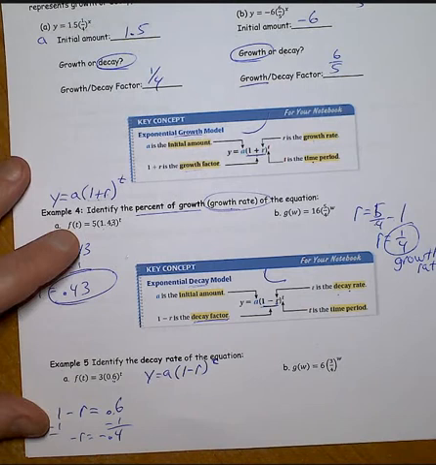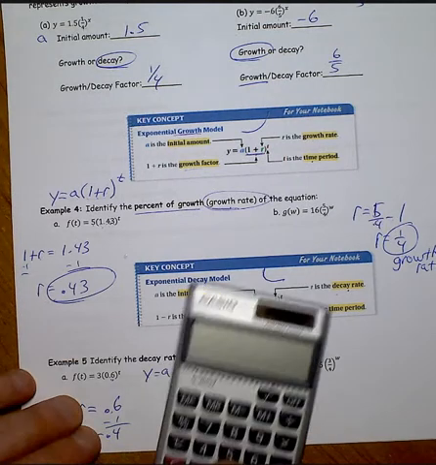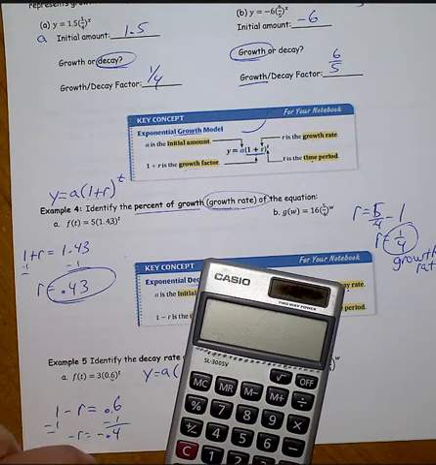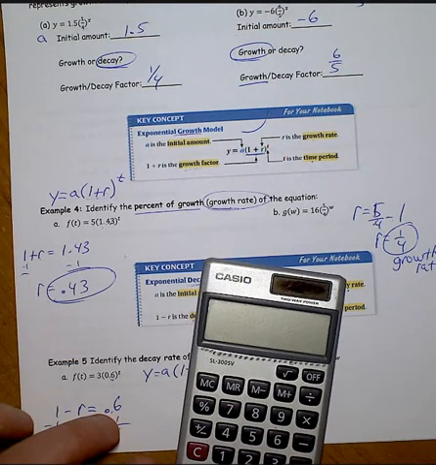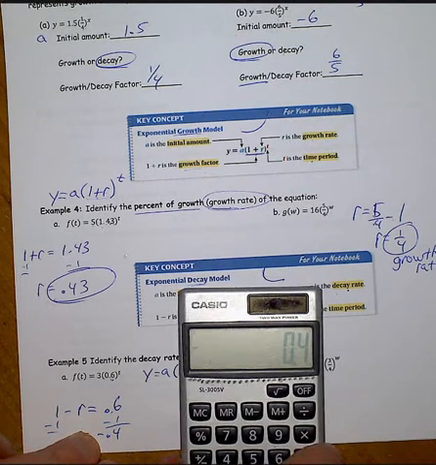Okay? A negative 0.4. Can we see on this calculator? So 0.6 minus 1 gives me a negative 0.4. Okay?